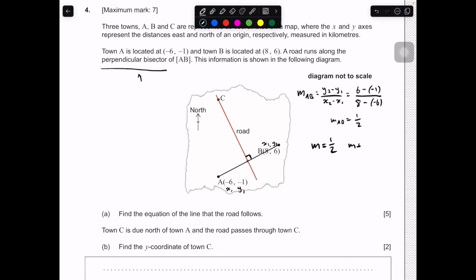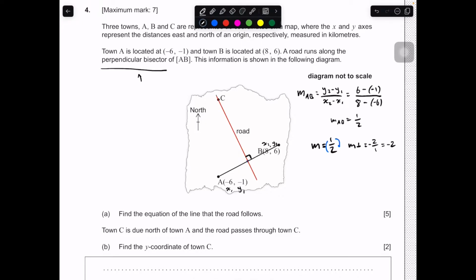Let's find M perp. To find the perpendicular, switch the top and the bottom, and then multiply by a negative. So we have 2/1 multiplied by a negative, and this would just simplify to -2.